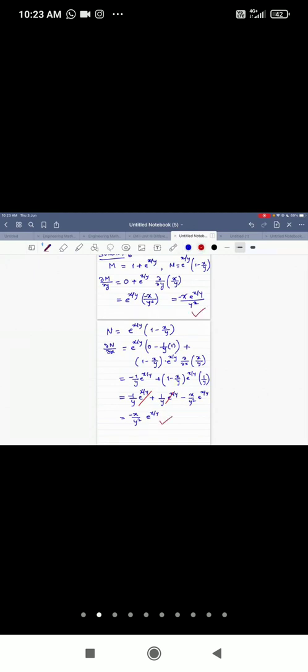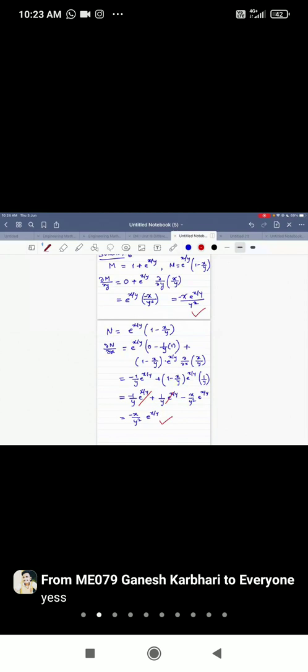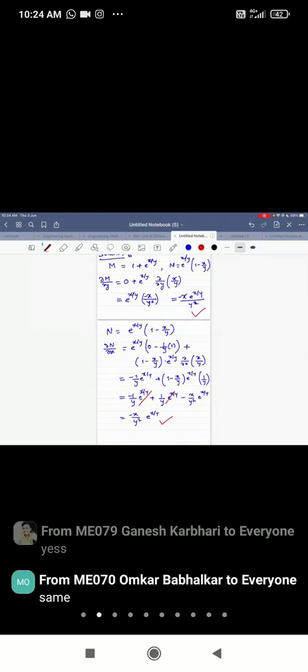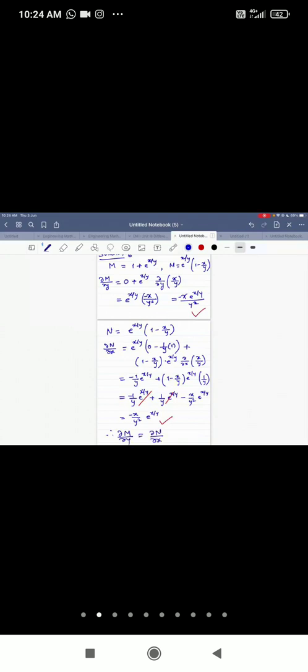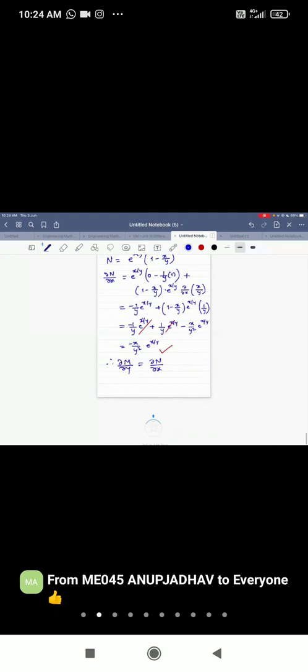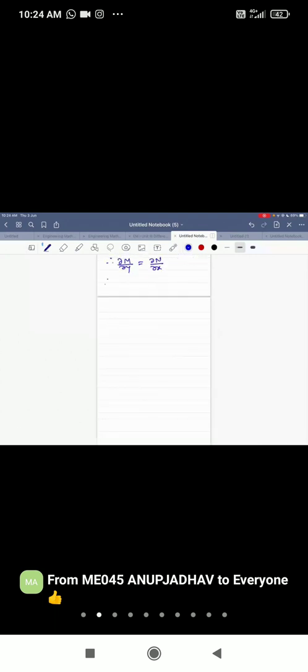This and this both are same. Anup, is it okay? So what we get, therefore, ∂M/∂y is same as ∂N/∂x, right? So in this case, Amrale is not responding.